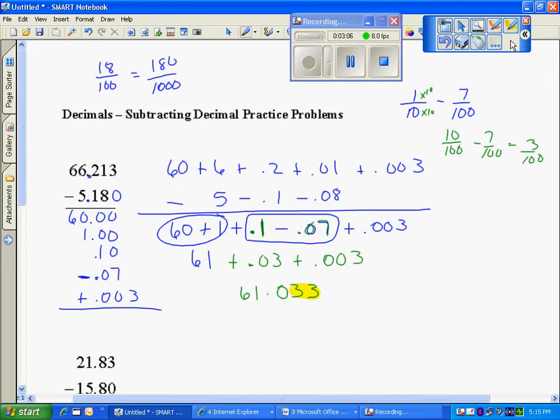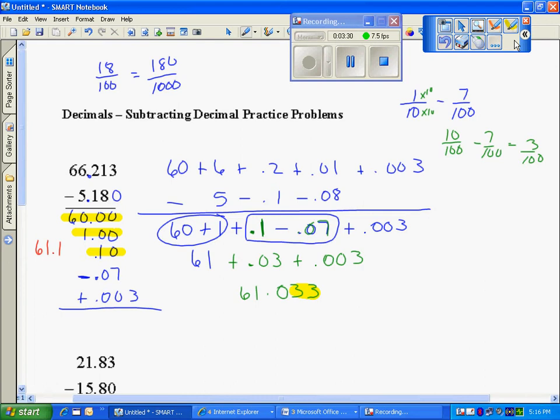3/1000ths. So finding what we have here, I would actually do it in 2 steps. I would take the 60, add 1 is 61, add 10 cents is 61 and 1/10.